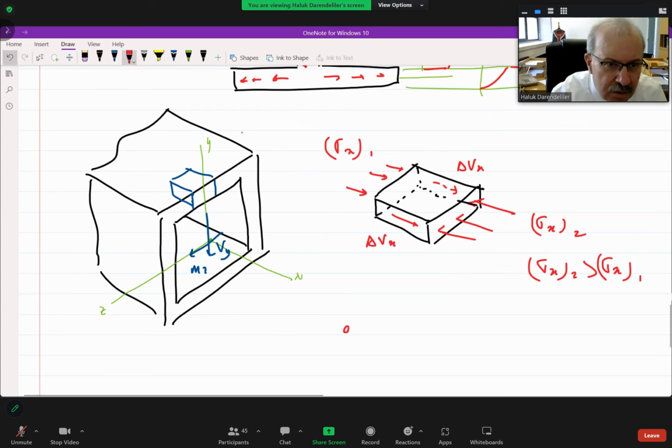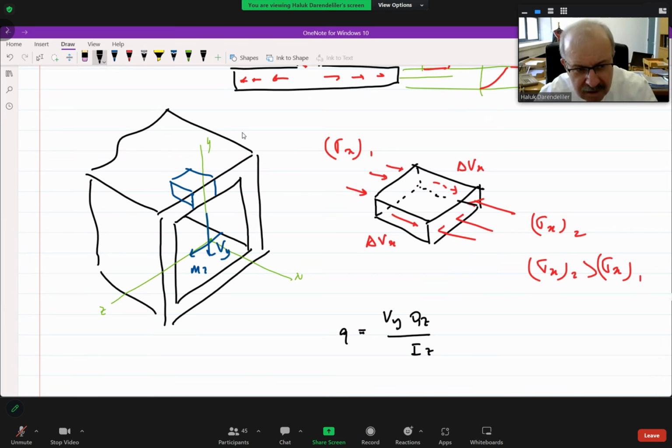Q is equal to the same equation. Q is equal to Vy Qz over Iz, but this time we have this on both sides. Don't forget, with this Q, you had asked earlier whether it exists on both sides; here it really exists on both sides now.